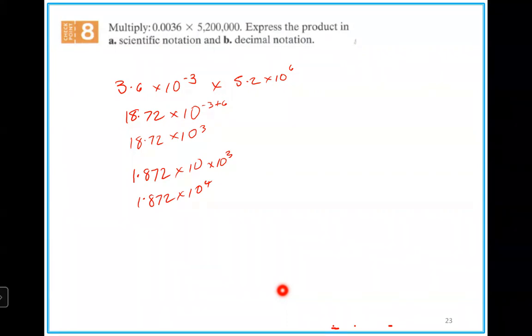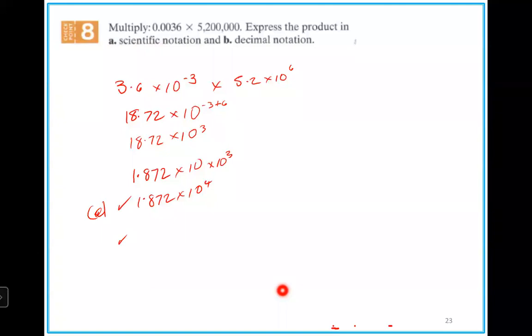So this is the first part of the answer. Now the second part is to change it to regular decimal notation. So we're going to move the point. How many places? 4 places to the right.